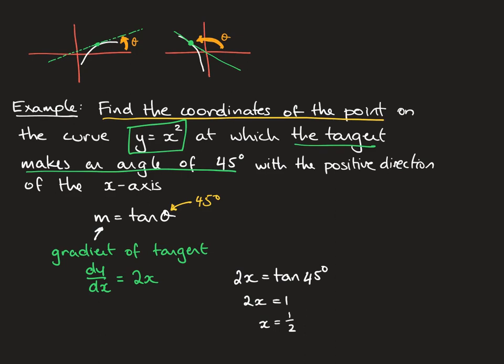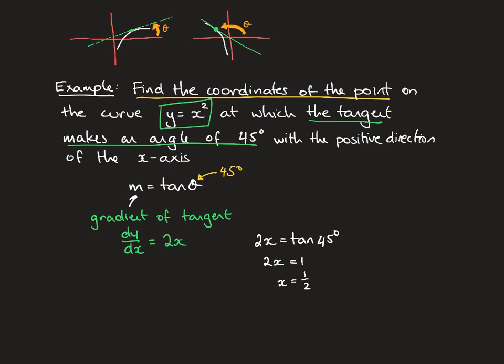But we had to find the coordinates of the point, and so we're going to have to substitute a half back into the equation. And so we have y is equal to a half squared, which is a quarter. So our point is the point (1/2, 1/4). So that's an example of find the coordinates.